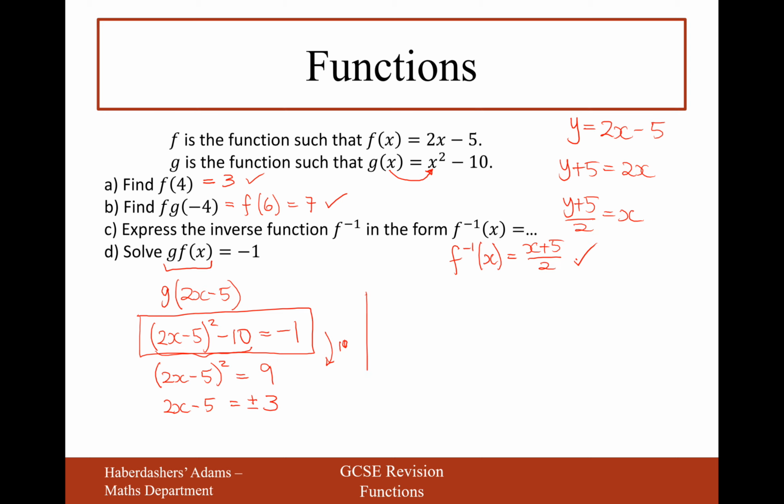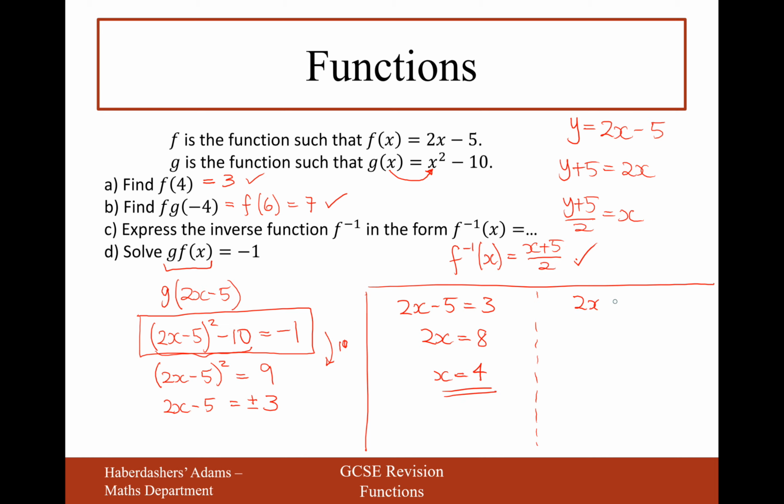So I'm now going to make two separate equations to work out what x needs to be. 2x minus 5 equals 3 will be the first one, so that means that 2x equals 8, so therefore x equals 4. And also 2x minus 5 could equal minus 3. So therefore I'll add 5 onto the other side, and I'll get 2, and then I'll divide by 2 and I'll get x equals 1.